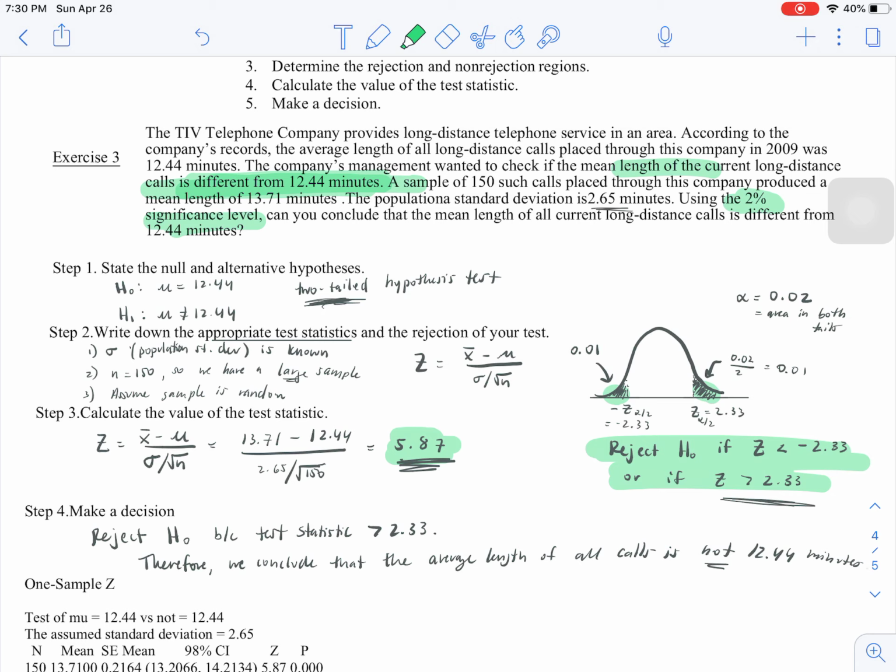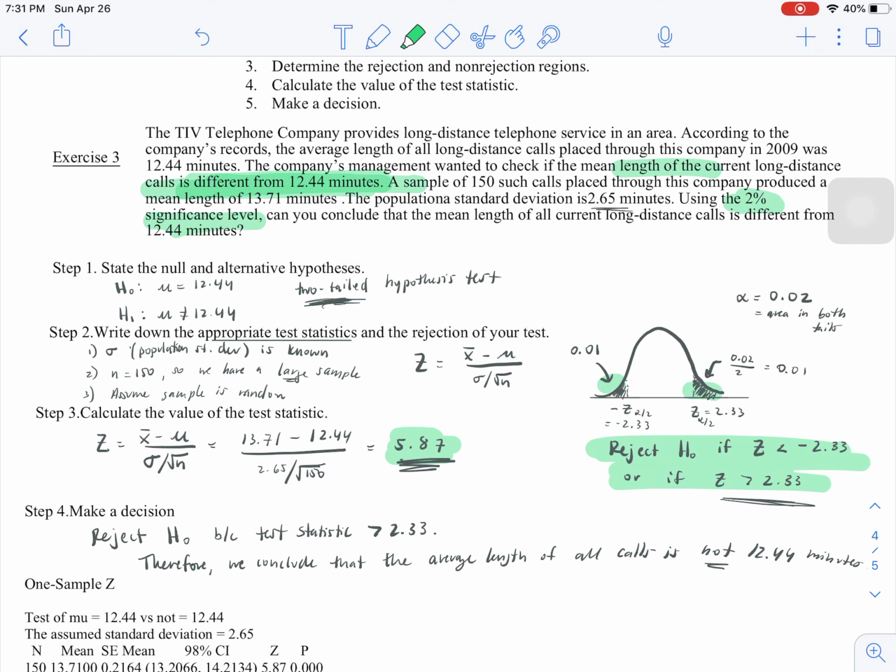Knowing that the area in each tail was 1%, I found my critical values, the boundaries of my rejection regions. So then, I know that my rejection region is less than negative 2.33, or greater than 2.33.